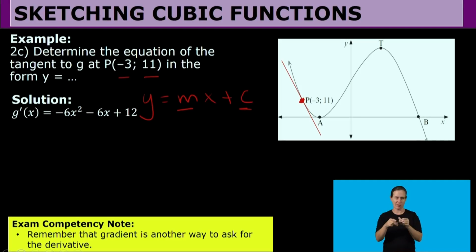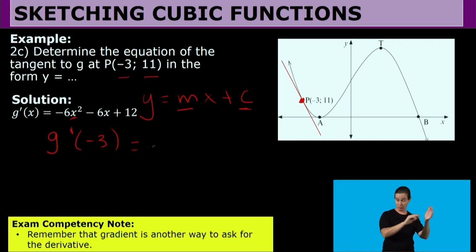I need the gradient and I need the y-intercept in order to determine the equation of the tangent. Now, remember, we need the derivative in order to work out the gradient. We've got that the graph touches the tangent at the point -3. So therefore, I can work out the gradient at the point -3 by substituting -3 in place of x.